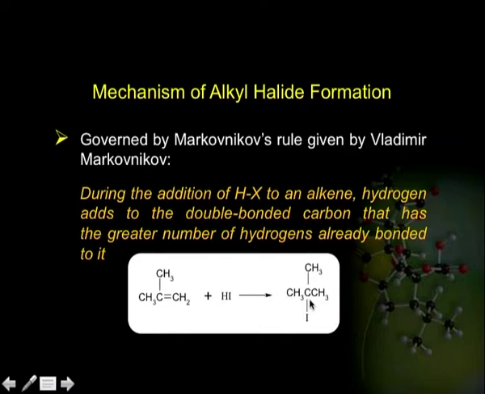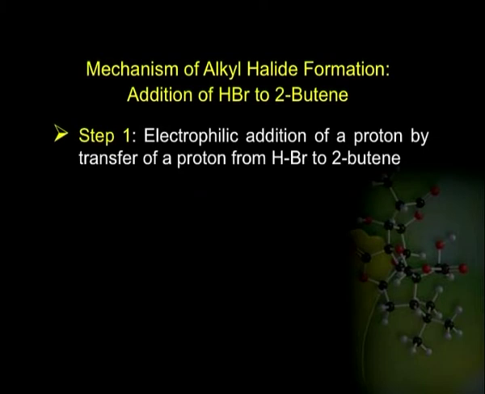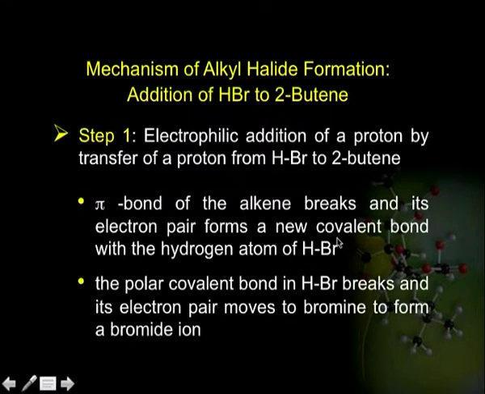Hydrogen will get attached to this carbon, and the iodine atom will go to the next carbon which had lesser number of hydrogen atoms. So, if we look into the mechanism of this particular reaction, we will realize that in the first step of the reaction, electrophilic addition of a proton by transfer of a proton from HBr to 2-butene takes place, and then the pi bond of the alkene breaks and its electron pair forms a new covalent bond with the hydrogen atom of HBr.